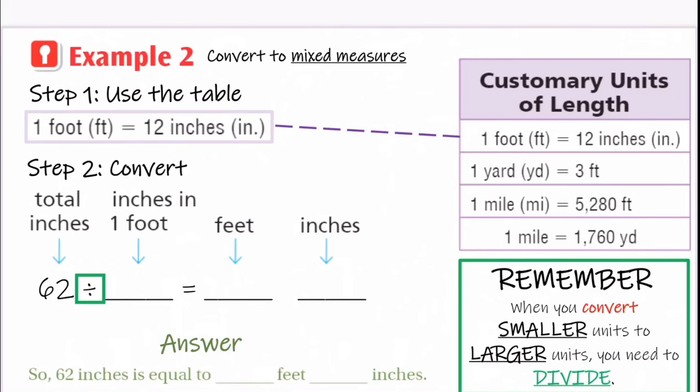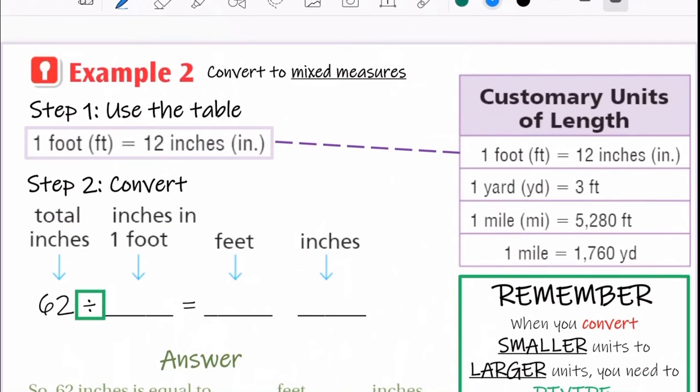So we're trying to convert 62 inches into feet. Step 1, there's 12 inches in 1 foot, so I need to divide 62 by 12.